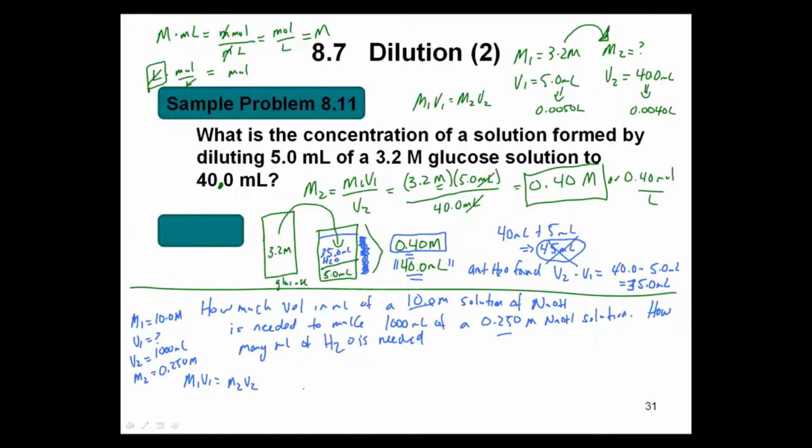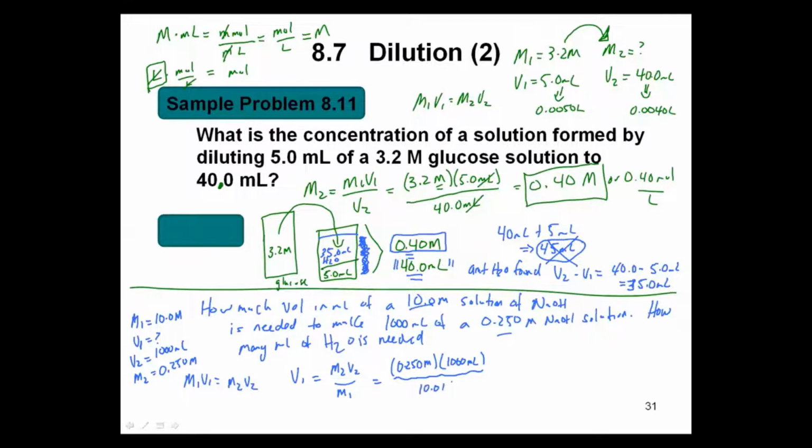So that allows us to solve for V1, and in this case, V1 would equal M2 V2 divided by M1, and putting that together, that would get us 0.25 molar. Again, here you can convert it to liters if you want, but using this particular formula, you can leave it in milliliters. And here we're dividing by 10 molar.